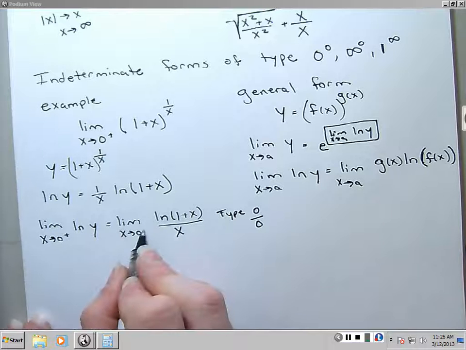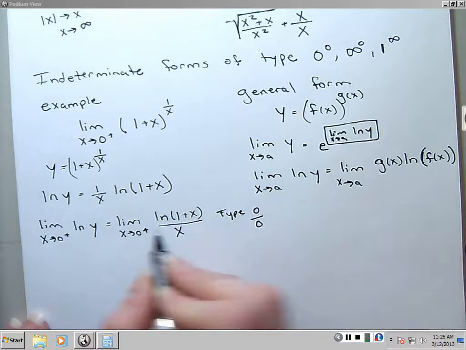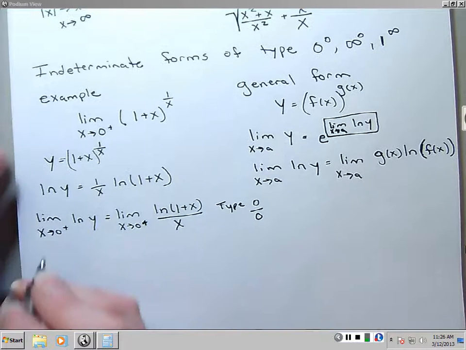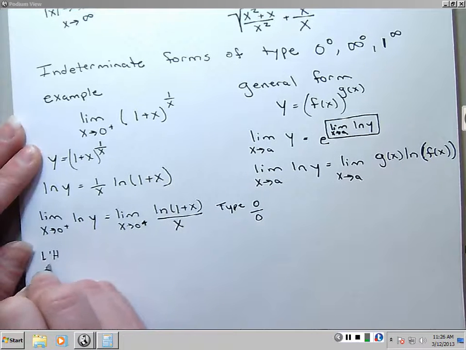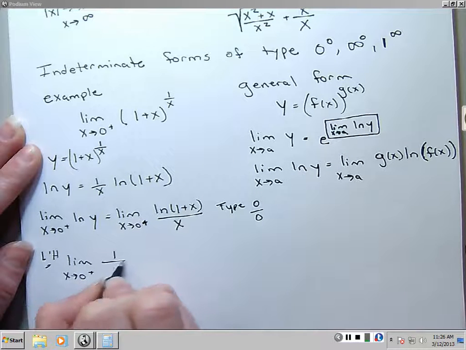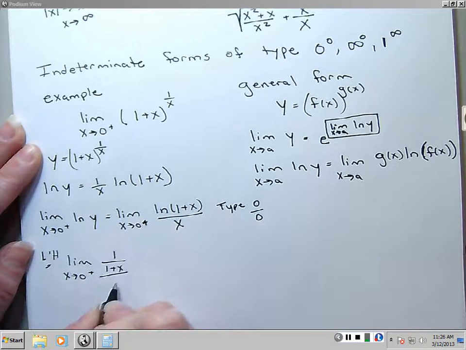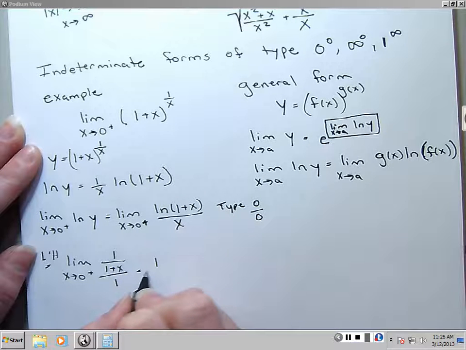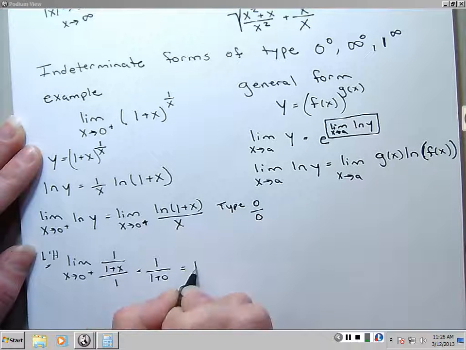I'm looking at the right side limit, but if I plug in 0, ln of 1 is 0, and x is going to 0. So this tells me I can apply L'Hopital's rule. I get the limit as x goes to 0 from the right of 1 over 1 plus x, over 1. That is 1 over 1 plus 0, which would be 1.